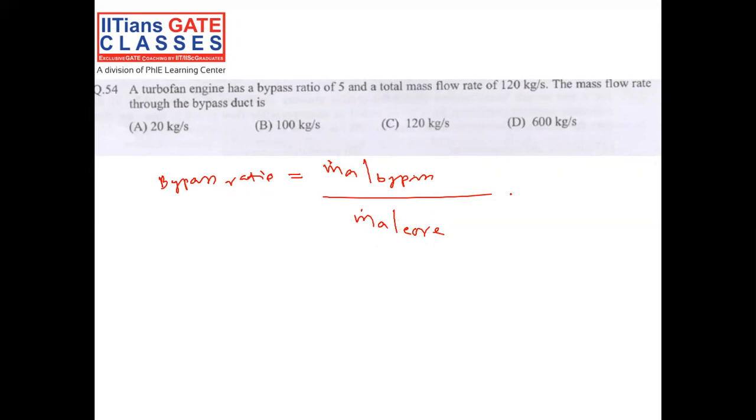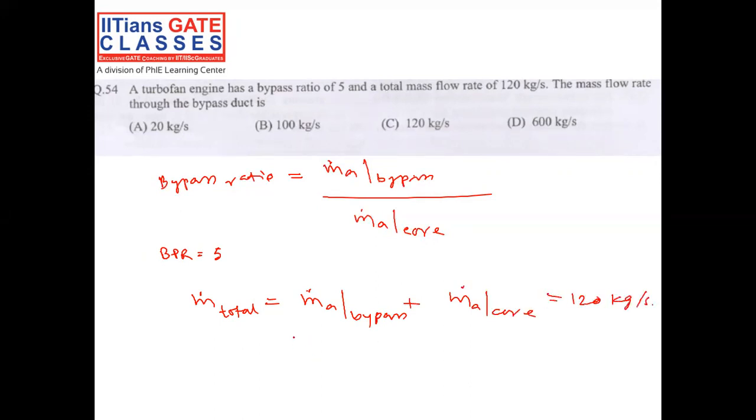So for this given problem, the bypass ratio is 5 and the total mass flow rate is 120. So m total is equal to m bypass plus m core, which equals 120 kg per second, and we have to find the mass flow rate through the bypass duct.